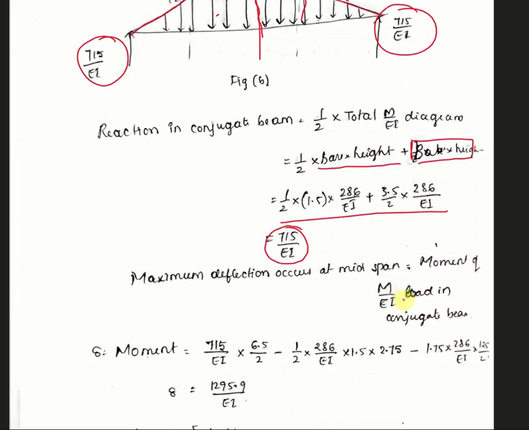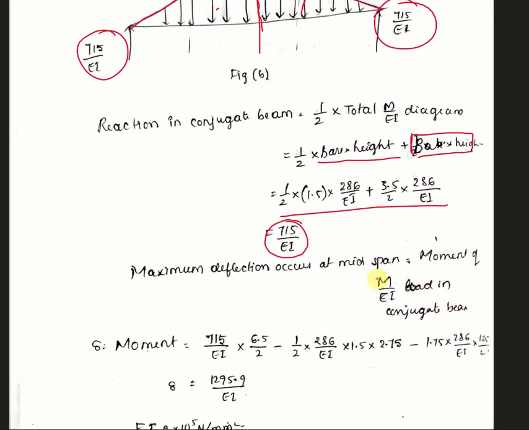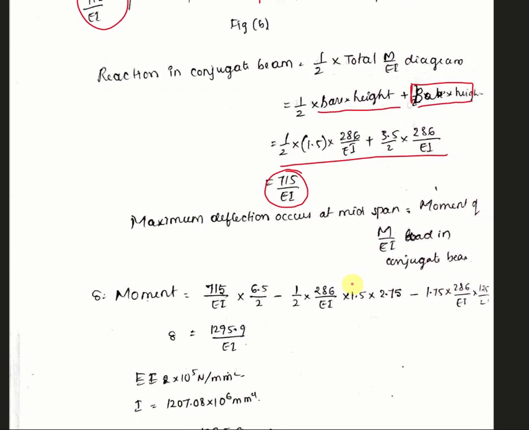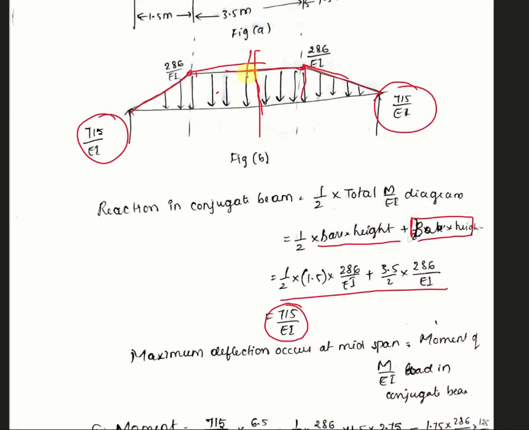Maximum deflection occurs at the mid span. So how will you find out the moment? At this part, you have to find the moments: 715 into distance, minus this into distance. That distance you have to calculate for the triangular load.